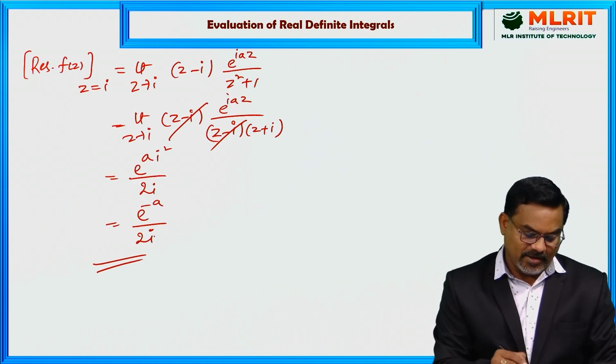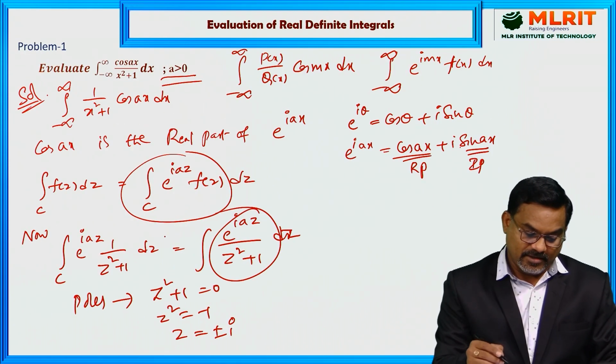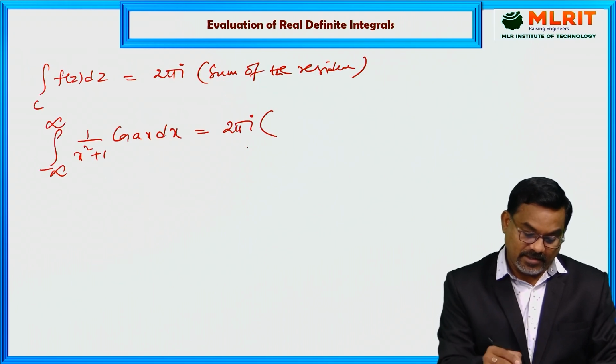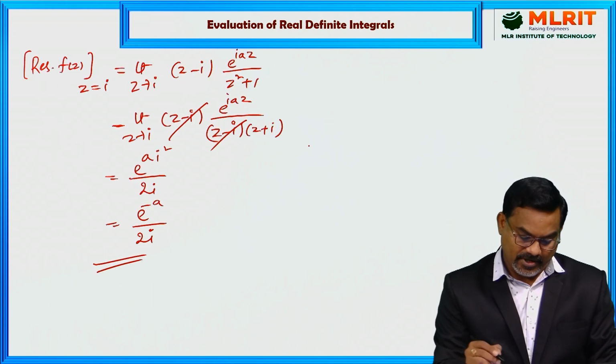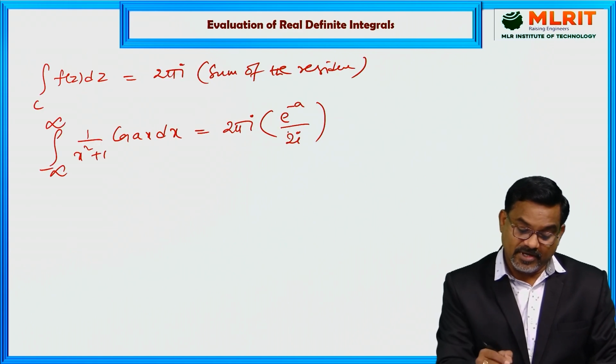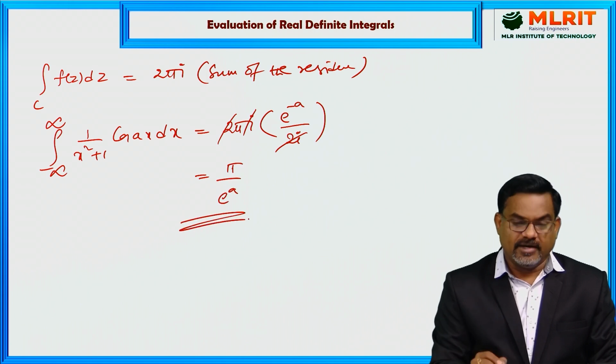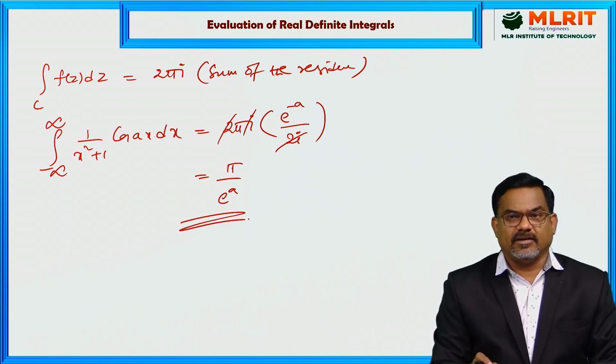Here we have e power minus a by 2i. So 2i and 2i get cancelled. So pi by e power a is the value of the given integral.